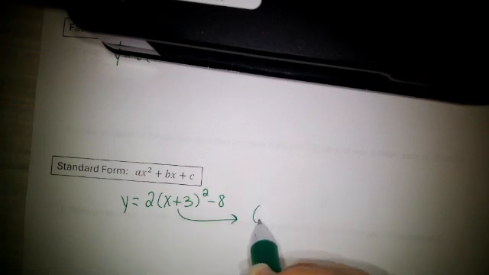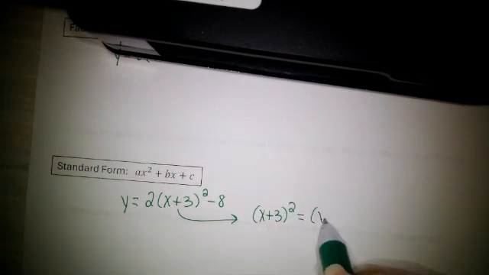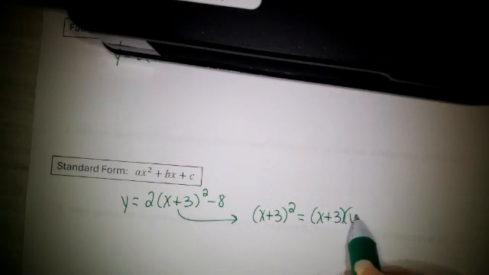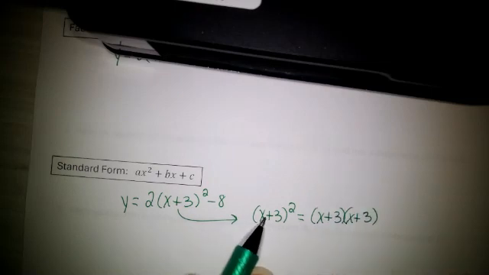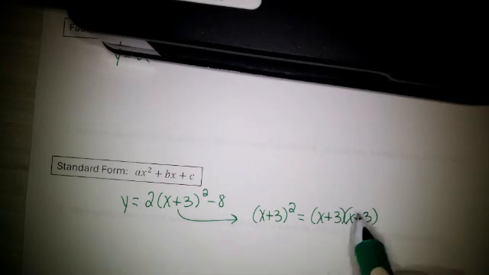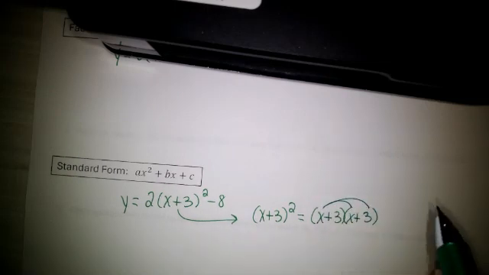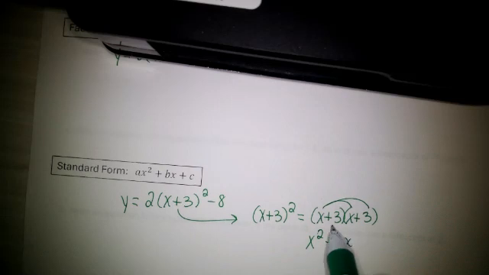So remember, to do (x plus 3) squared, we have to do (x plus 3) times (x plus 3). Don't write x squared plus 9. We're going to FOIL: first, outer, and then inner, and then last.